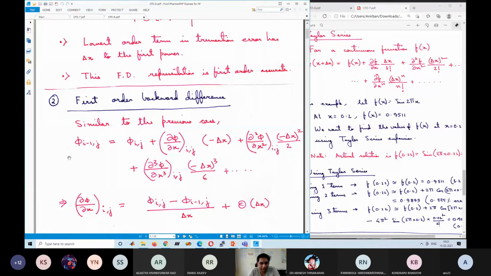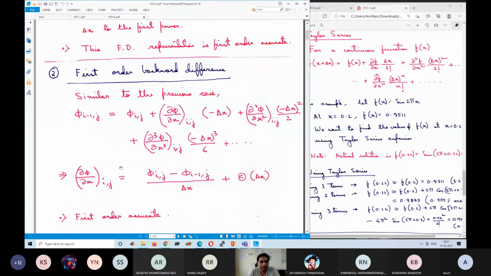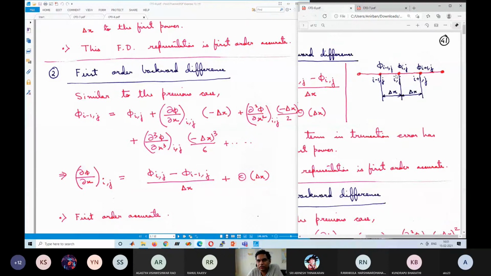If you rearrange these terms, you will again get del phi del x at i, j is equal to (phi i, j minus phi i minus 1, j) by delta x, plus truncation error of first order. This is also first order accurate because you are using the backward value here. This is known as first order backward difference. Both can be used, first order forward difference as well as first order backward difference. Both are of similar accuracy, first order accurate.